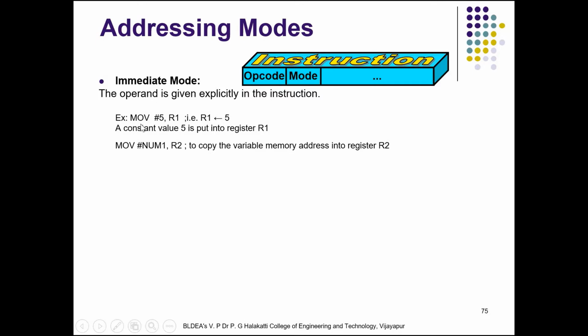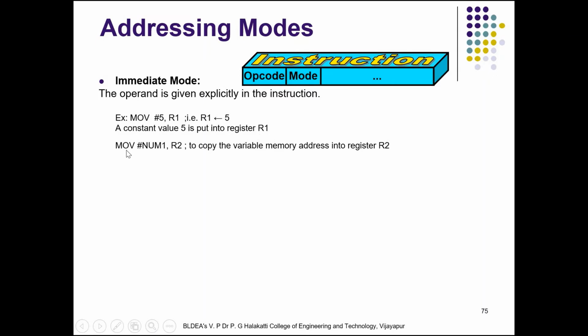You can see here we have an example, move #5, R1. It indicates that the constant value 5 has to be moved into register R1. So a constant value 5 is put into register R1 here.